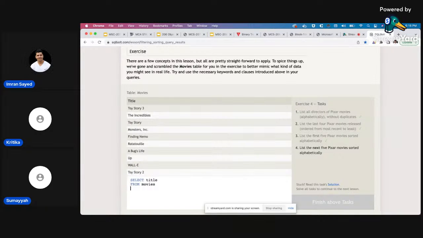You want the next five sorted alphabetically, so I want order by title, ascending order, and then I want it to start from the next five, not the first five. So you'll use offset, which means start the query from the fifth, sixth, semicolon, five. That's not working. Incomplete SQL query. What am I missing?